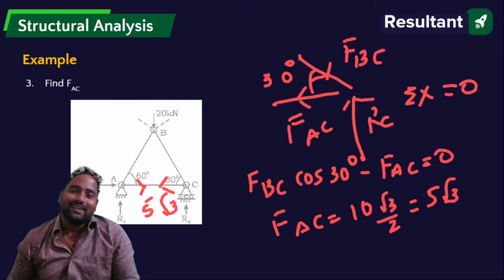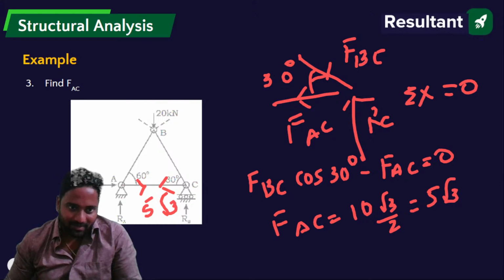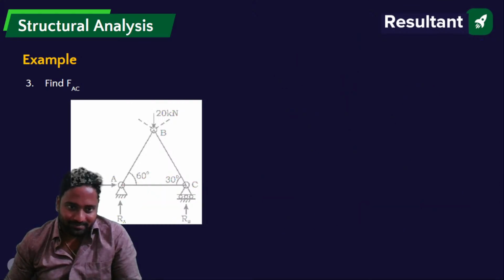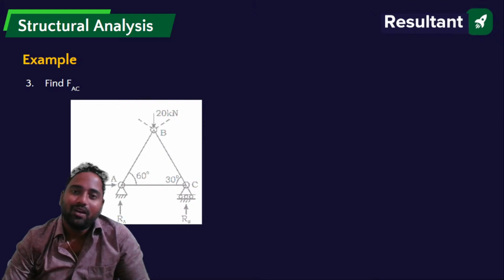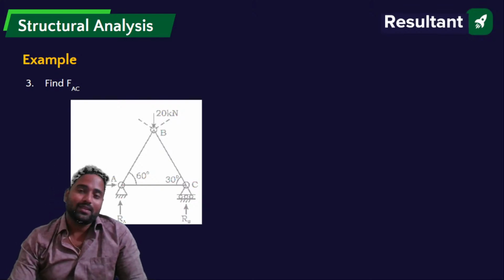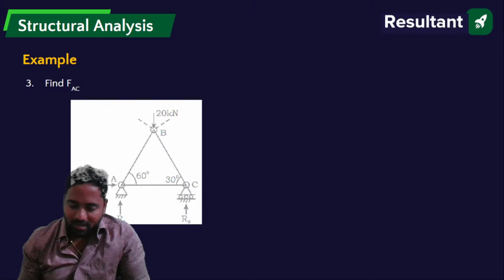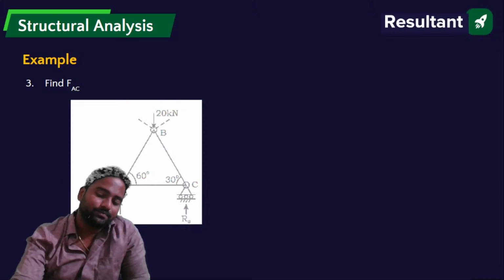Anyway, instead of this big method, still preparing for exam. Okay, civil aspirant, all the best. Now, either you can do it by finding out the method of joints, or you can use sine rule.